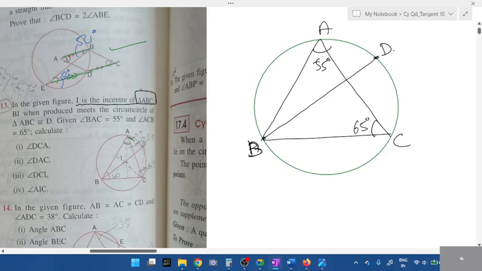Yes, the sum of angles formed in a triangle is 180 degrees. So I'll just write the answer: 65 plus 50, 70 plus 50, 120. 180 minus 120, what will you get? 60 degrees. Next, find DCA.